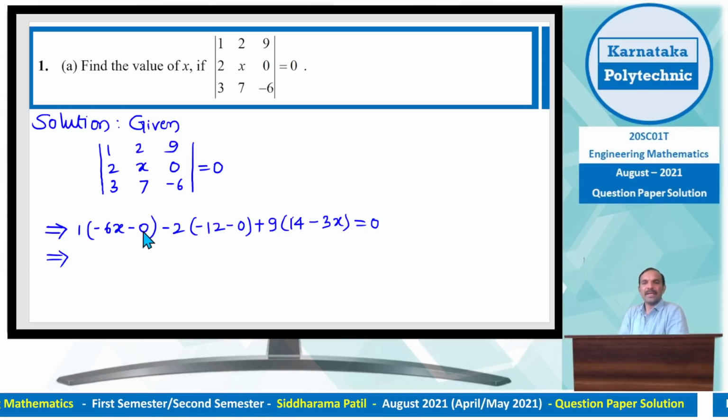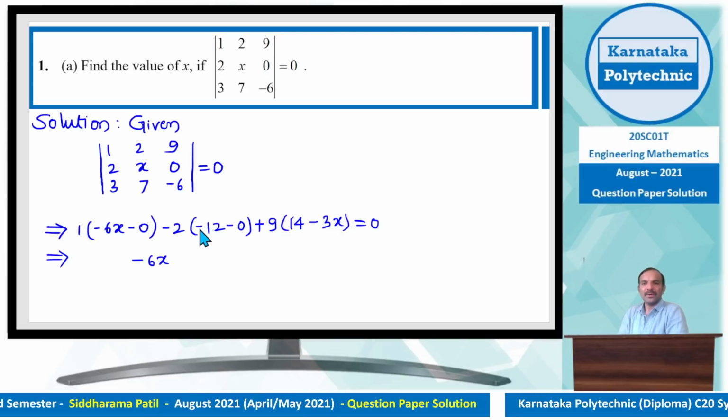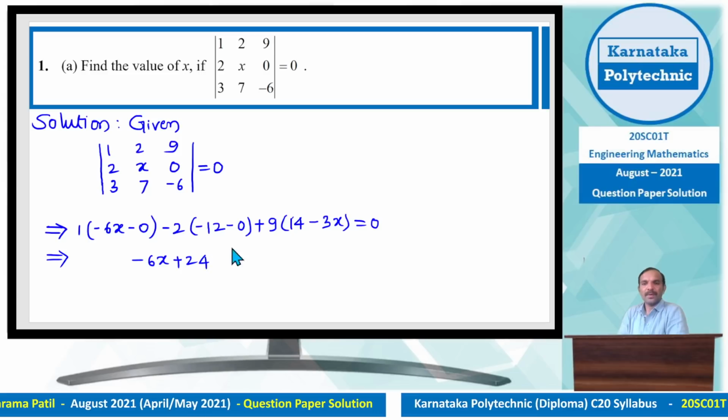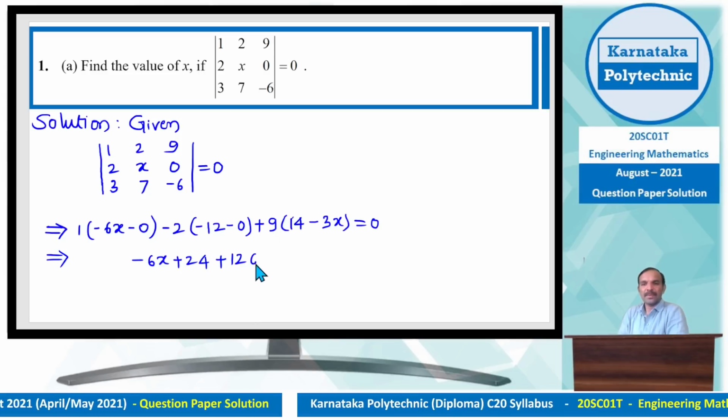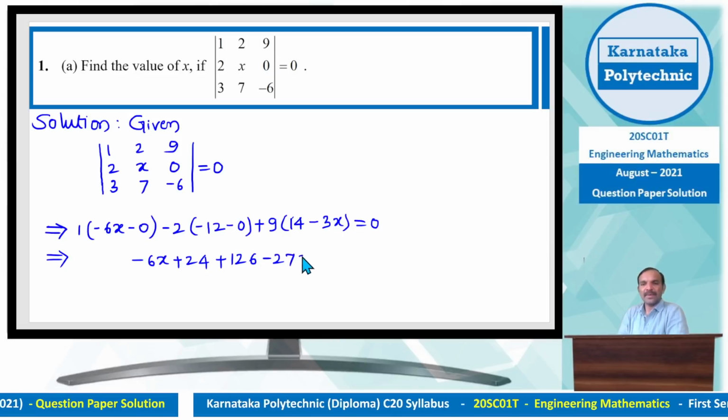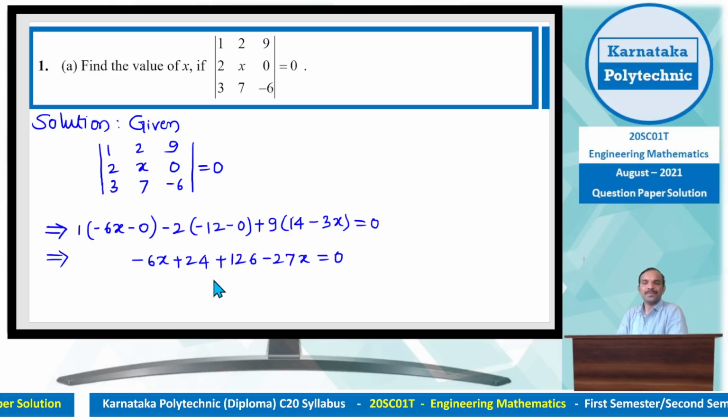Minus 6x minus 0 is minus 6x into 1, minus 6x. Minus 2 into minus 12 is plus 24. 9 into 14 is 126, 9 into minus 3x is minus 27x, equal to 0.